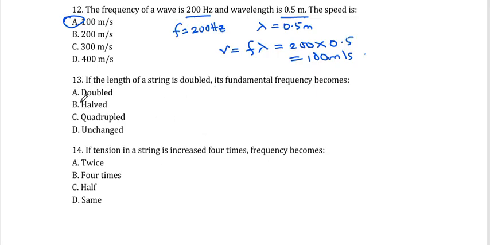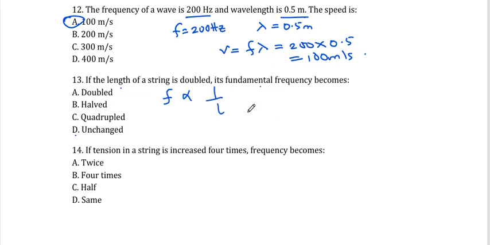Number 13 says, if the length of a string is doubled, its fundamental frequency becomes A, doubled, B, halved, C, quadrupled, D, unchanged. Now, the relationship between fundamental frequency and length is that fundamental frequency is inversely proportional to length.